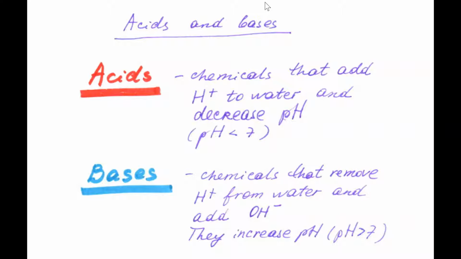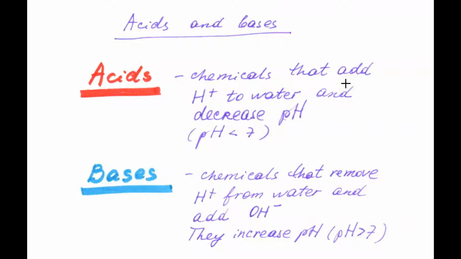Because hydrogen ions, H+, are being removed from the water and replaced with hydroxide ions, OH-, that will make the pH become more alkaline. The pH will climb up, so the pH will increase, and as a rule, our bases will have a pH which is greater than 7. So let's look at some examples.